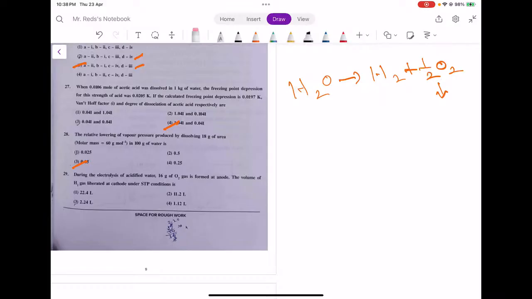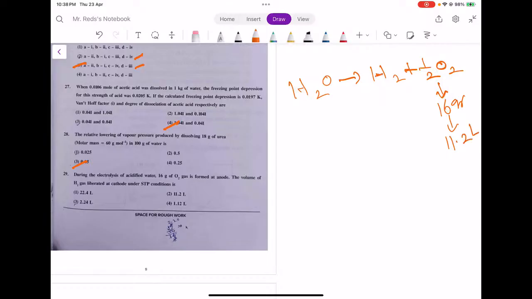Already given: 16 grams of O2 at the anode, and 16 grams of O2 means half O2, that is 11.2 liters.